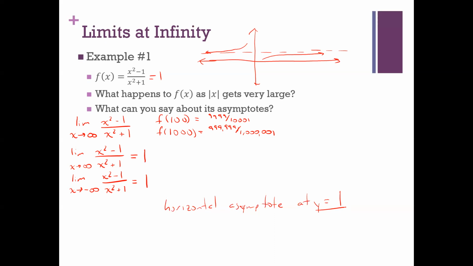So there's no way for me to have many horizontal asymptotes. Do I have any vertical asymptotes to think about? Nope. And that's kind of what we were implying when we mentioned that this is impossible.